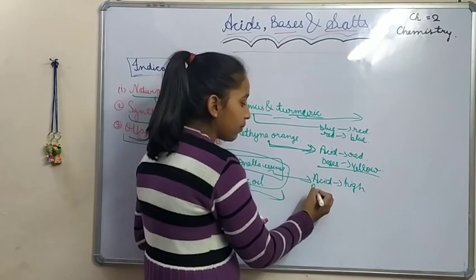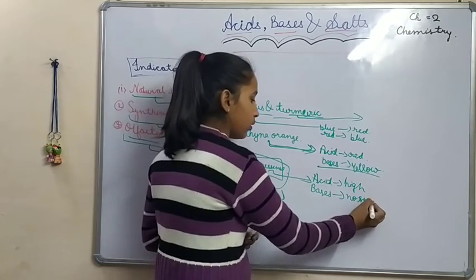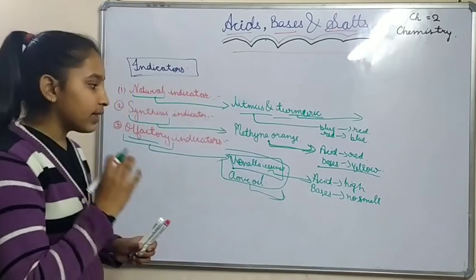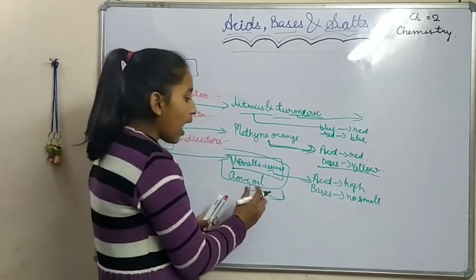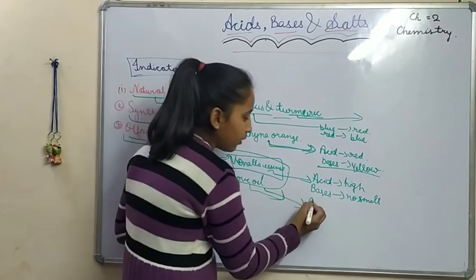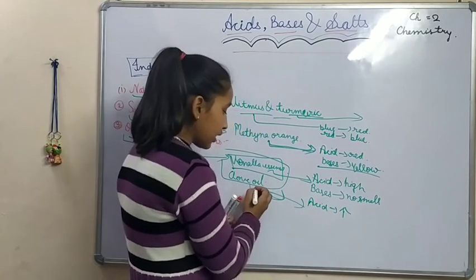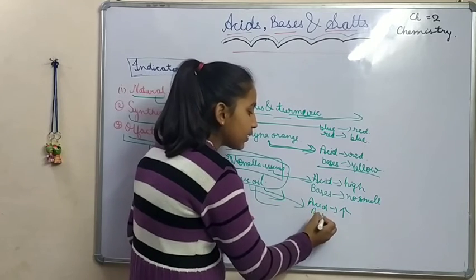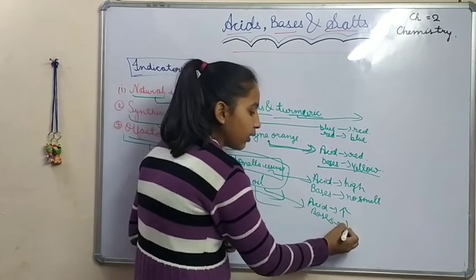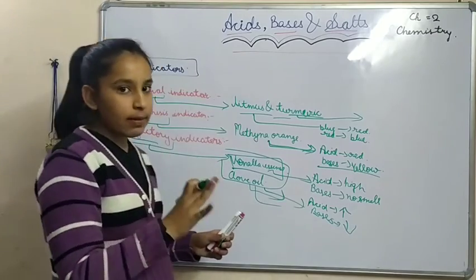But if it comes in contact with bases, it will give you no smell. This is the effect of acid and bases on vanilla essence. And if I mix acid and clove oil, it will give you a very high smell. But if I mix bases and clove oil, then it will give you a low smell.